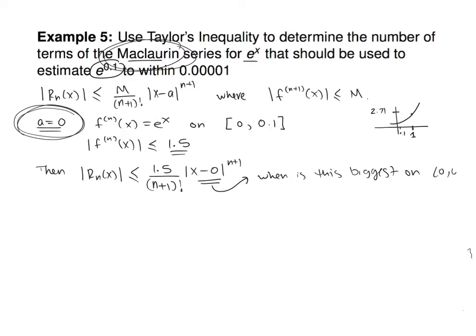On 0 to 0.1, at 0.1, right? So this is less than or equal to 1.5 over n plus 1 factorial times 0.1 to the n plus 1. And you want that less than 0.00001.